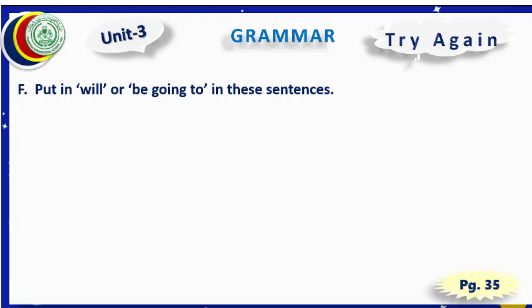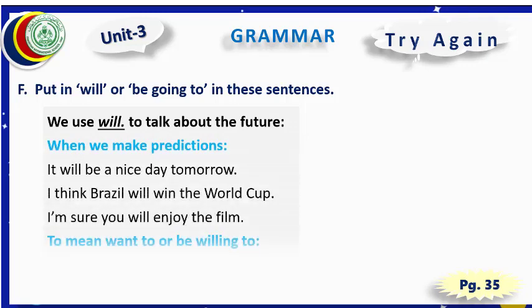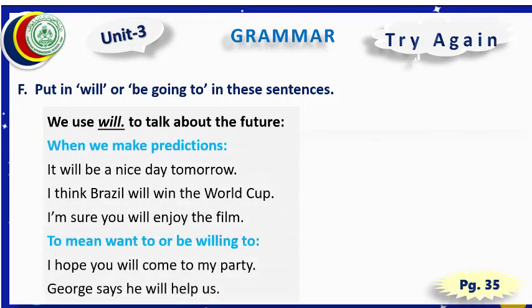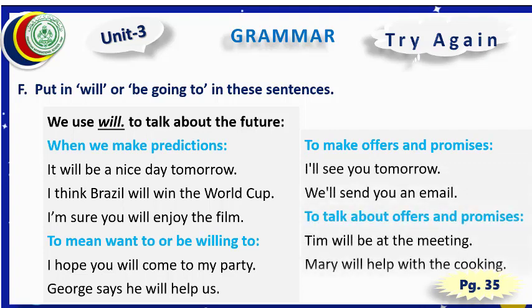Then we shall do this exercise. Let us go and try to find out the rules to use will. Oh yes, here are the rules. That is good. Let us learn them.